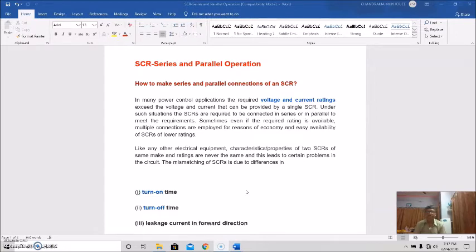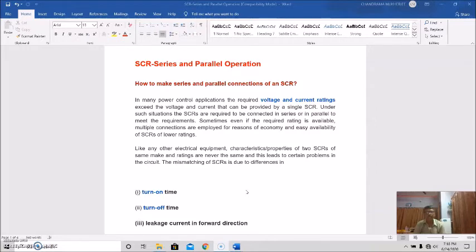If the requirement is more, then we can make a series or parallel connection as per the voltage requirement and current requirement.